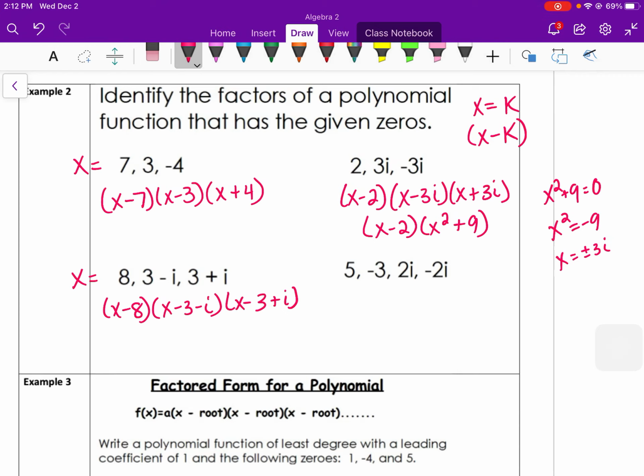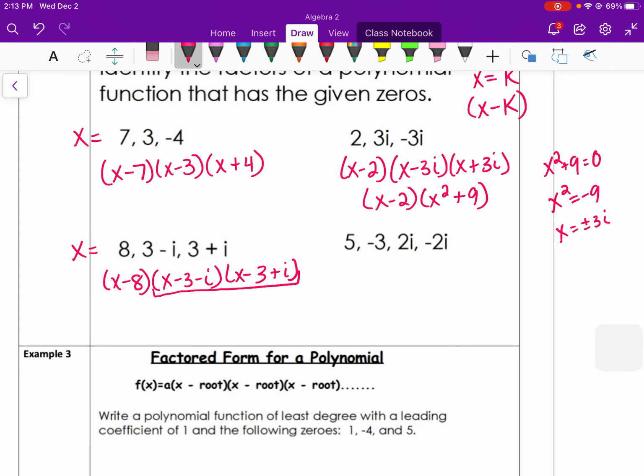Now, this one is a little bit more complicated to think about than the x squared plus 9 factor, but if you were to multiply this out quickly, you would see a pattern with these as well.